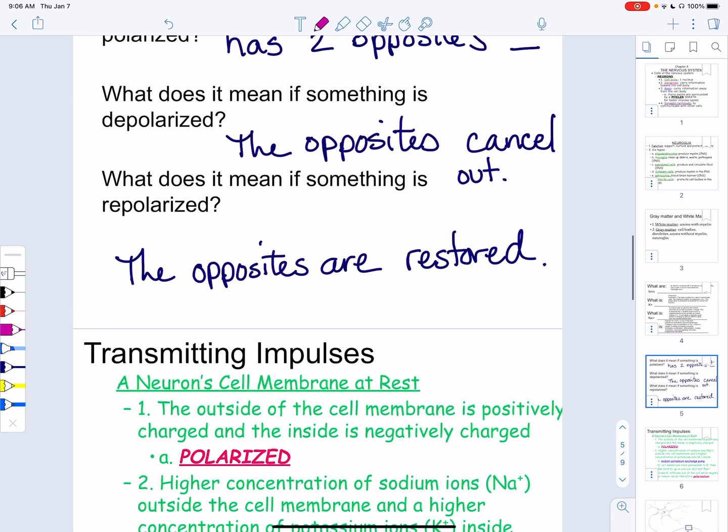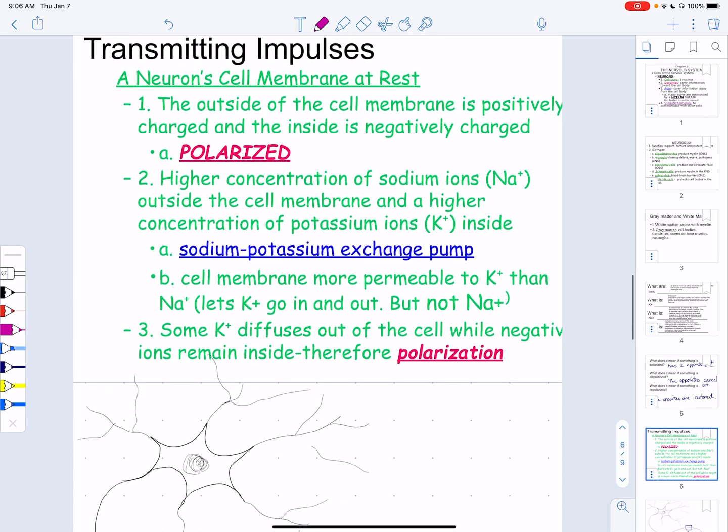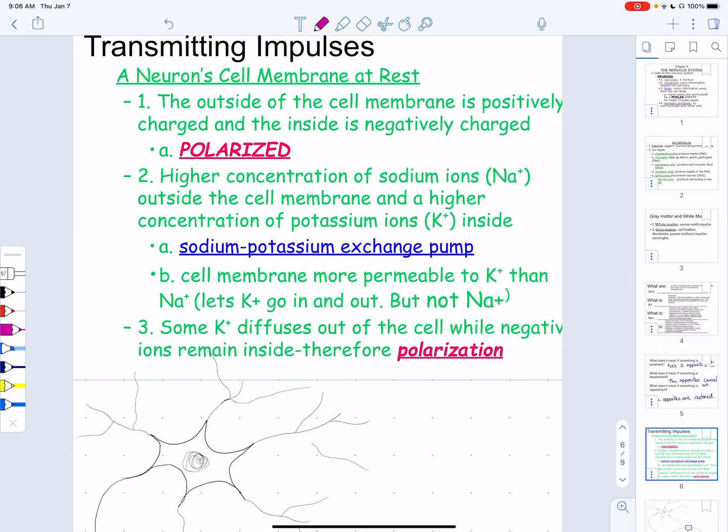There is something called a sodium-potassium exchange pump. And the sodium-potassium exchange pump is in the membrane of the cell, of the neuron, okay? And remember that cell membranes are semi-permeable.